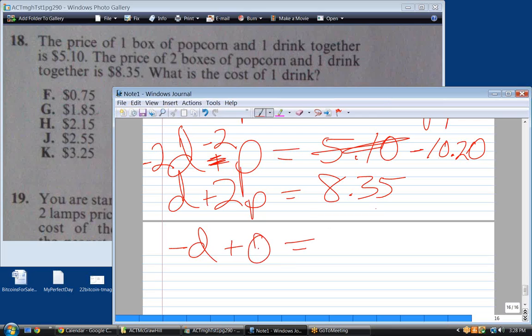And when I add the numbers together, what do I get? -185. So if -D is equal to -185, what's D equal to? D equals +185? Yes, it does. And that's the answer.